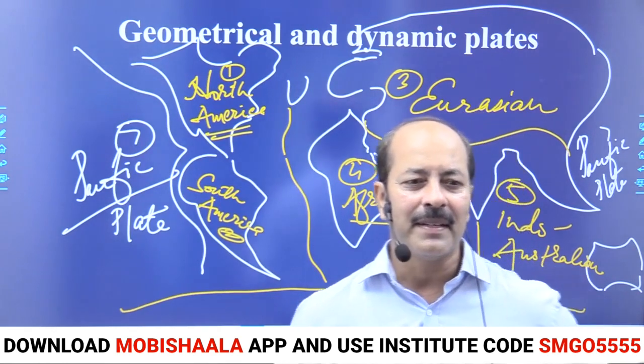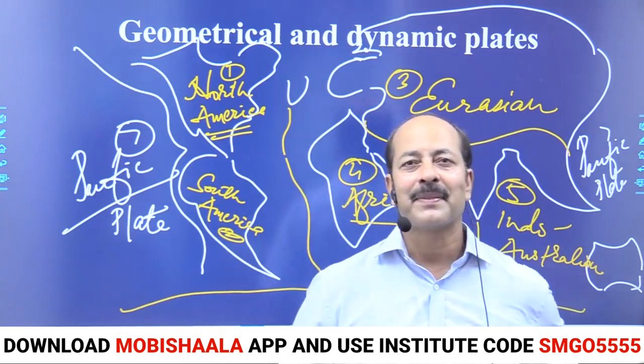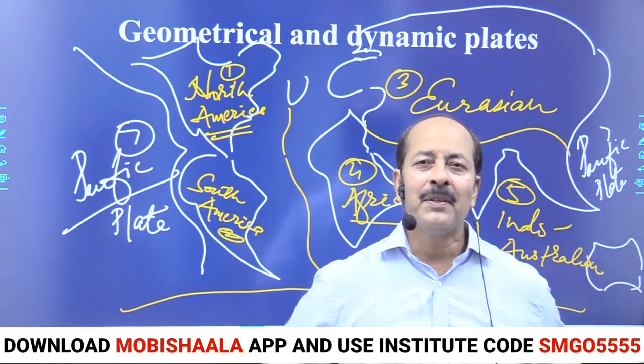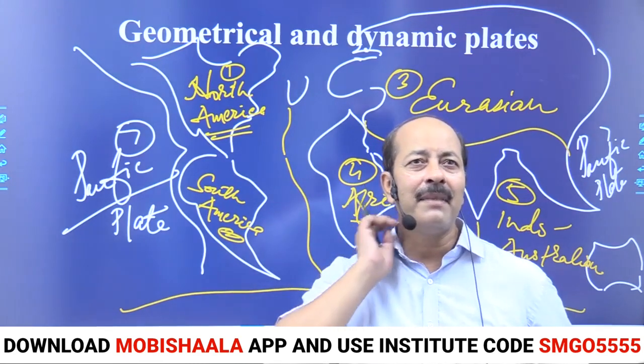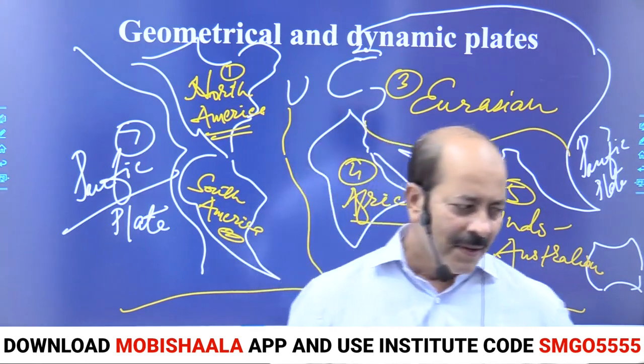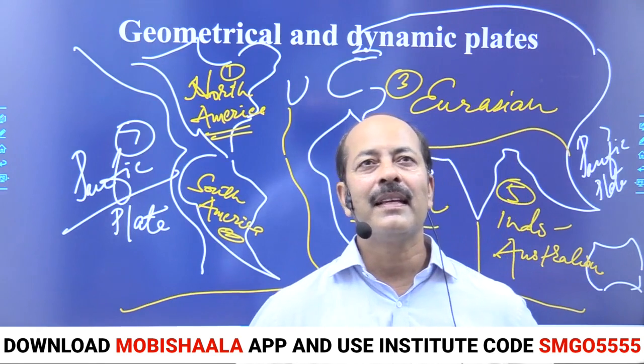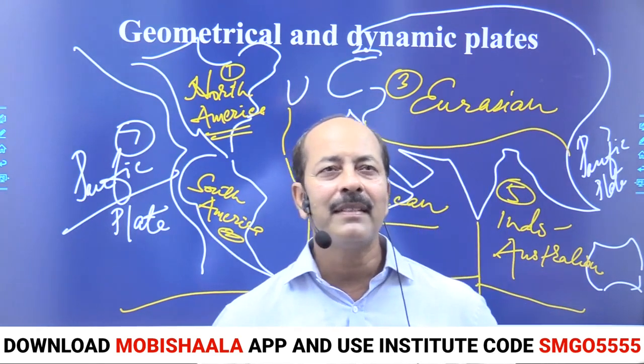Okay, so now write. Give heading and write major geometrical plates. On the Earth's surface there are 7 major geometrical plates.